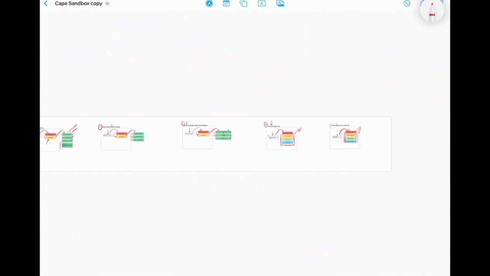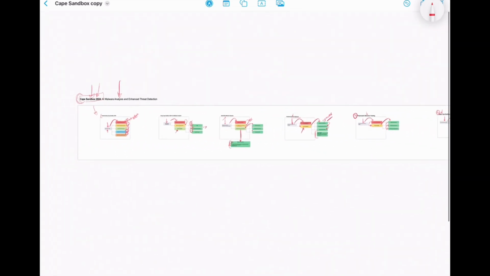Now, the conclusion on this specific sandbox usage is that it's a good tool for analyzing and preventing AI-driven malware threats. It combines dynamic analysis and AI-enhanced threat detection, and it has quite an extensive architecture, which makes it good for modern threat intelligence operations. And you need to follow those steps that I outlined here in order to perform the malware analysis and to use the full potential against complex malware strains.